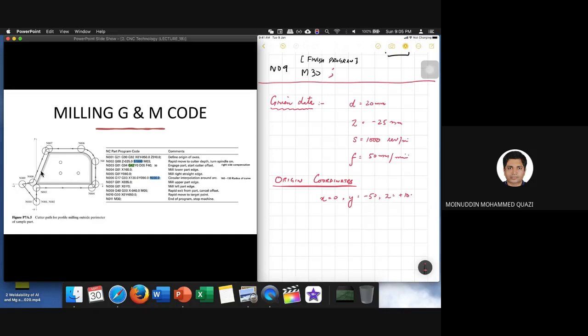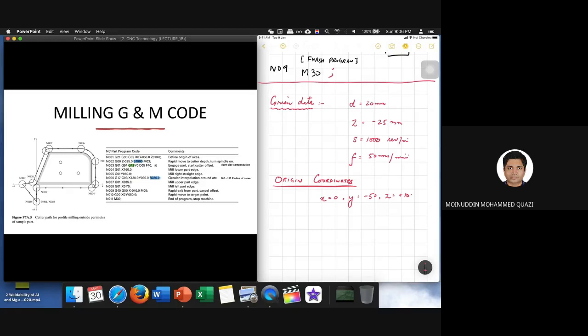If you look at diagram P7A.5, it has been written with the help of line numbers. N001 means the tool is in this position. N002 means the tool is in this position. Then N003, the tool moves to this position. N004 means the tool moves to this position. In this milling process, we need to remember that we have to give cutter compensation, which we saw in the last lecture.